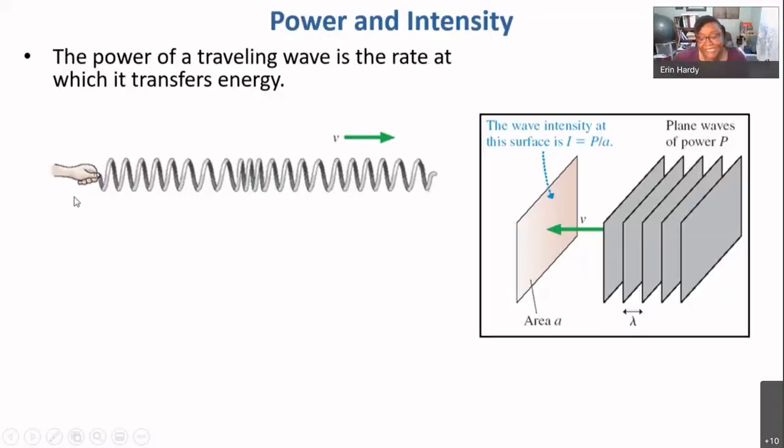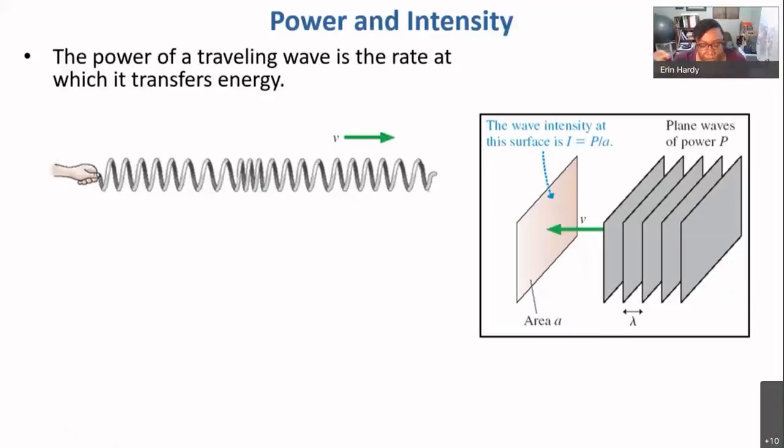If you were to consistently move your hand back and forth the same distance at the same rate, what you're doing is transferring a consistent amount of energy to your medium, which should be the spring in this case. And in semester one, when we encountered the concept of power, we thought of it as something that we could add to our analysis of the law of conservation of energy.